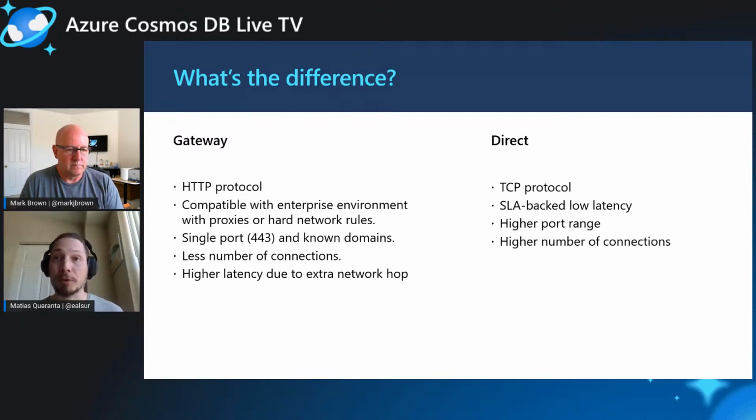So if your application runs inside an enterprise environment, you might need to open more ports in those network configurations. Those are things you need to compare to see which of these two modes is right for your particular setup and environment.